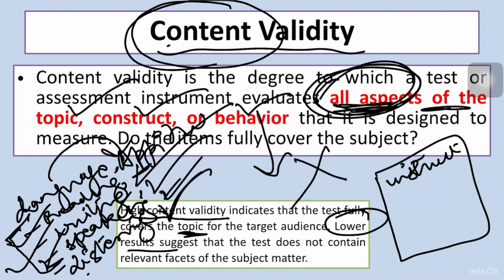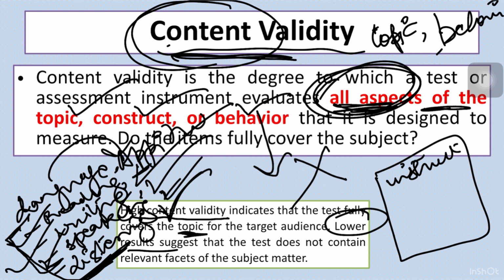However, if the questionnaire includes all the 4 aspects, including listening as well, then we can say yes, there is a high content validity of my questionnaire. This kind of validity can be checked by an expert only, because an expert has the knowledge of a certain topic or behavior. I hope this is clear to you guys.